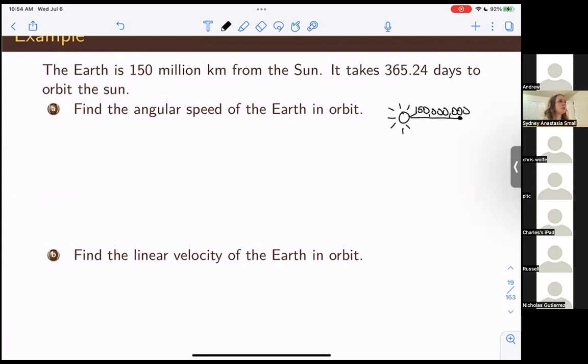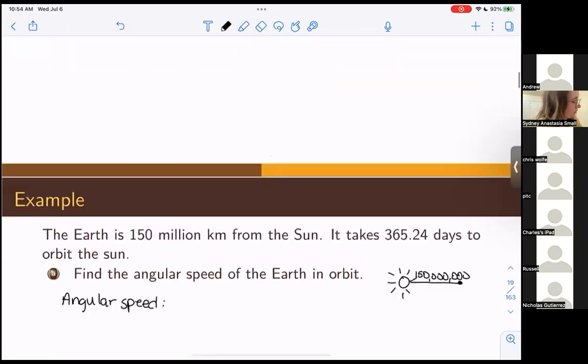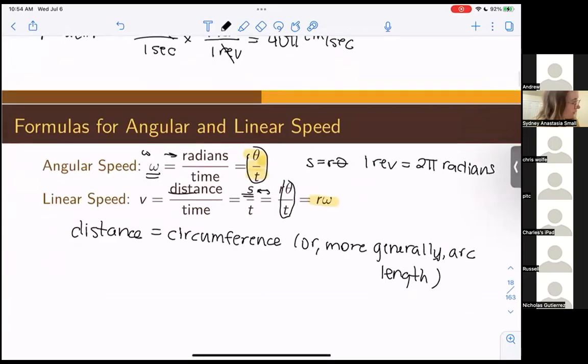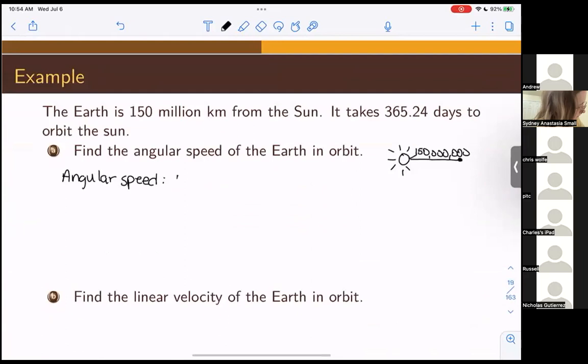Okay, so we know that the angular speed from this formula up here is theta over t, where theta is an angle in radians and t is the time. This is actually pretty simple in this case.